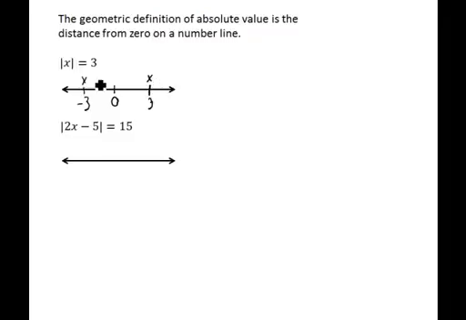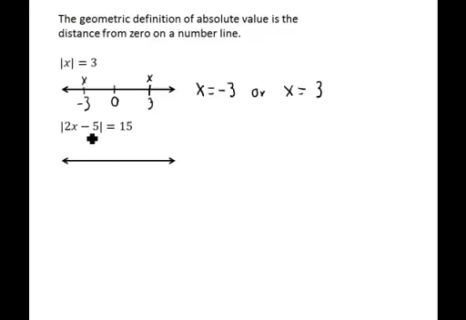That leads me to conclude that x can either equal negative 3, since that's where I put my first x, or x can equal positive 3. And that's the final answer to this equation.